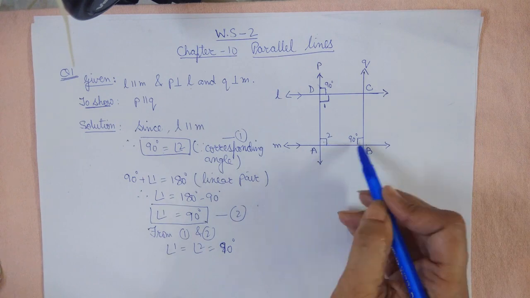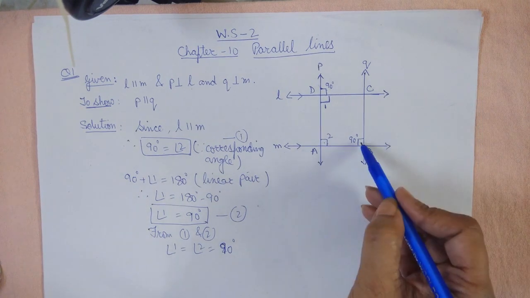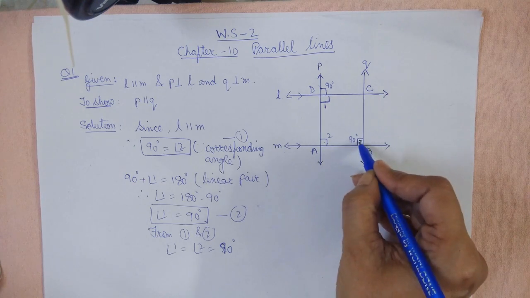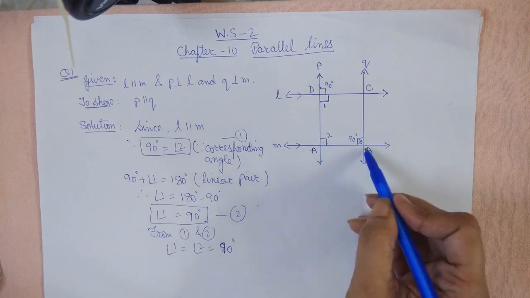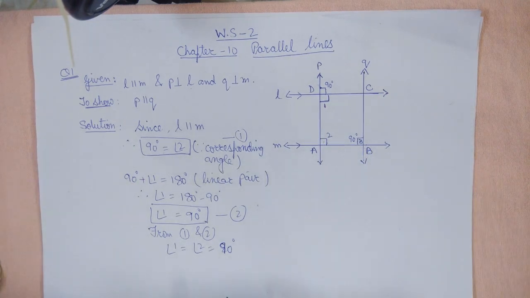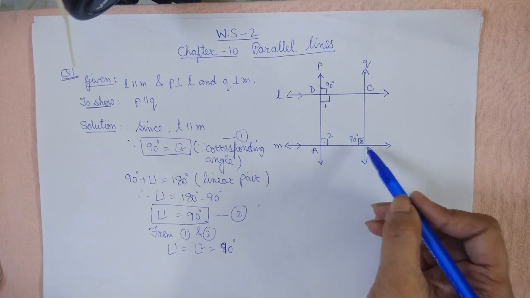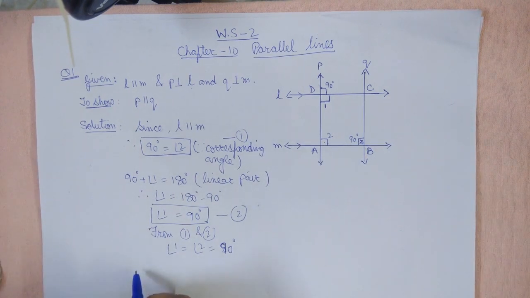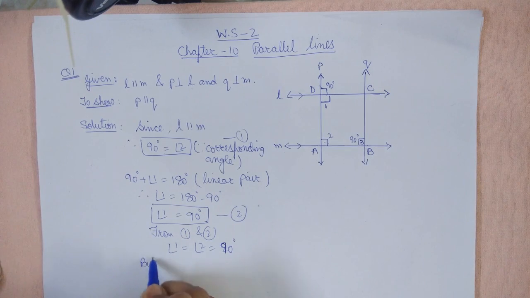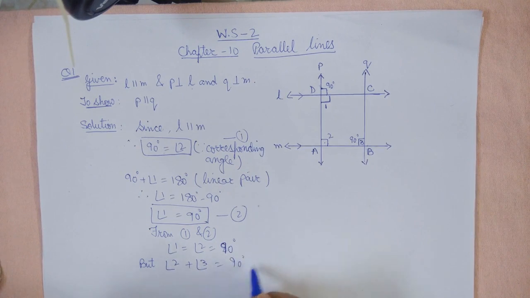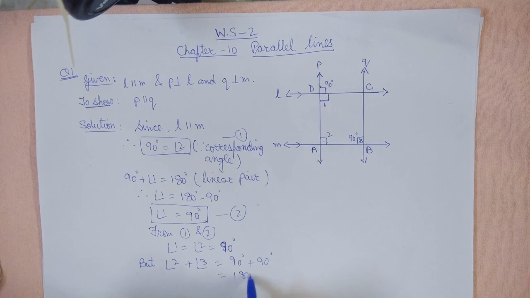Now angle 2 plus this angle, let this angle be 3. Angle 2 plus angle 3 equals what? Angle 2 plus angle 3 equals 90 degree plus 90 degree, equal to how much? 180 degree.